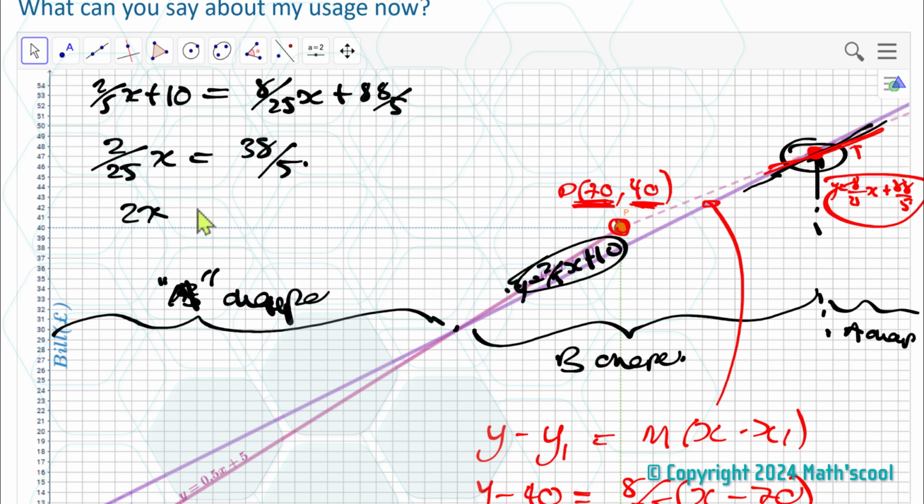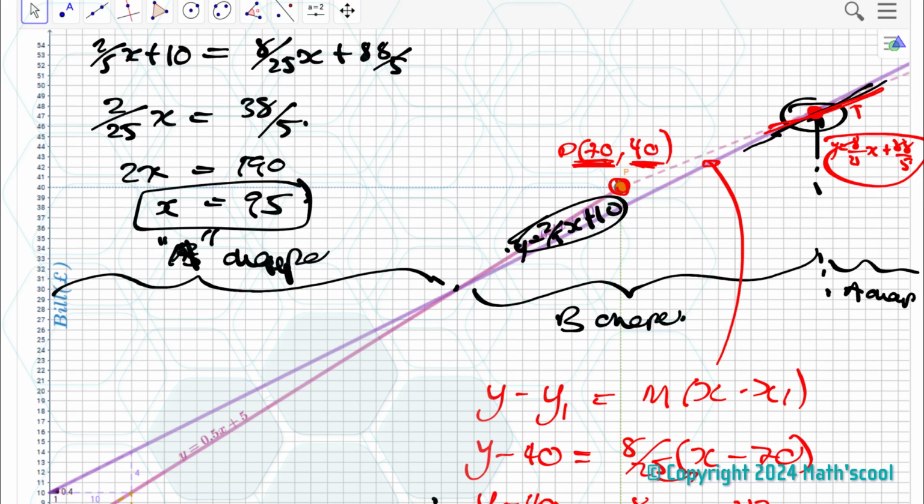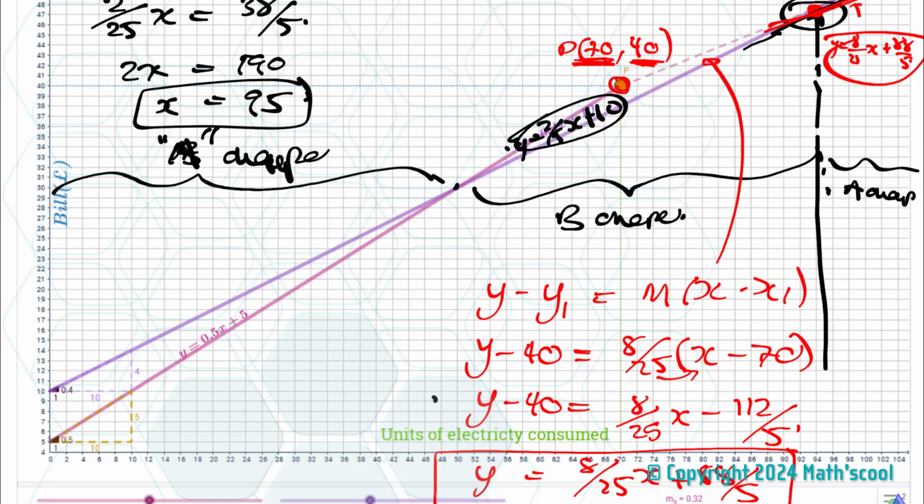So 2x is going to be 190. X is going to be 95. Okay, so x is going to be 95. So this must be 95, and it does look like 95.